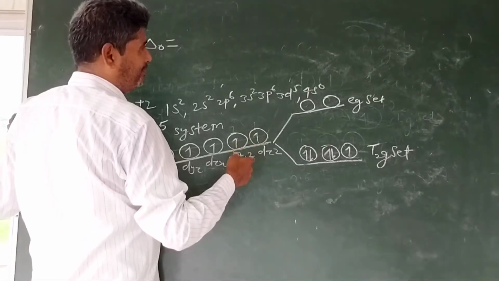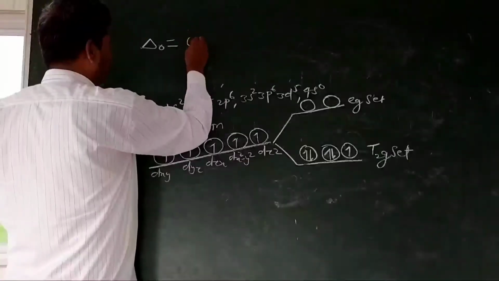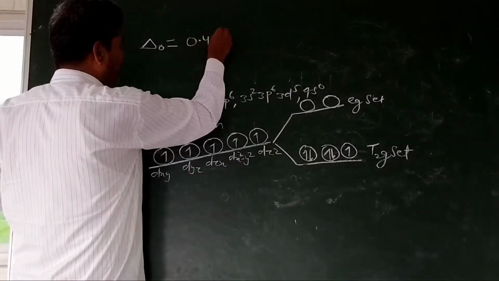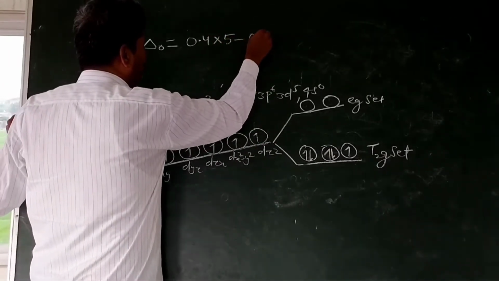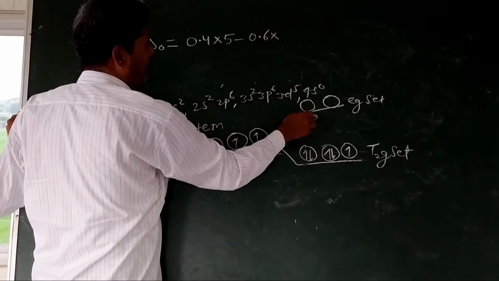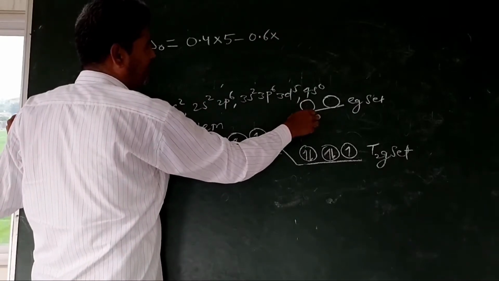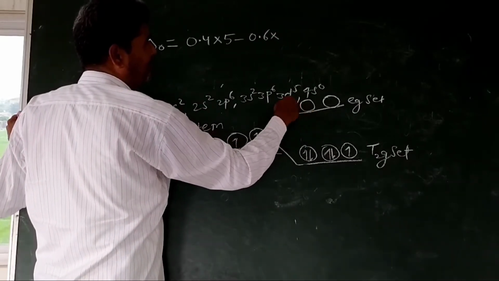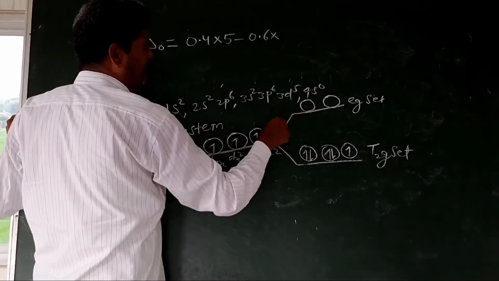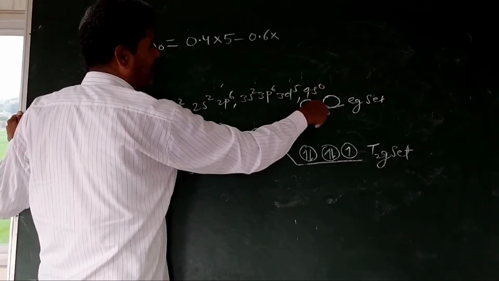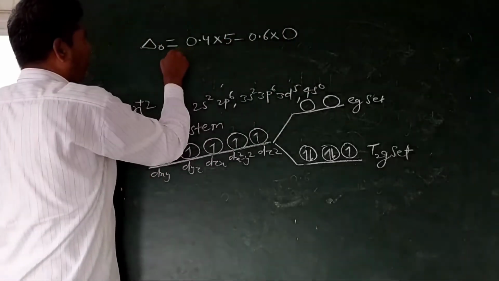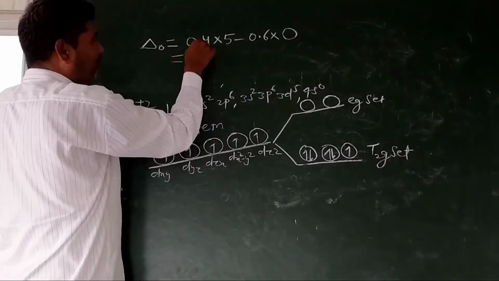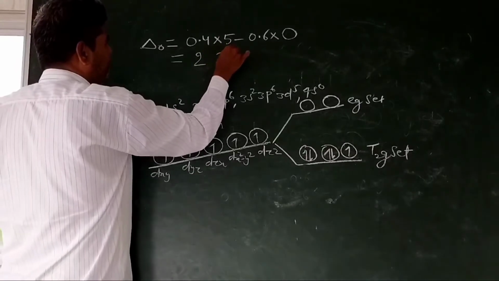So 0.4 times the number of electrons in T2G, 5, minus 0.6 times the number of electrons in EG. Here there are no electrons in EG. So we will have 2. The unit of this is Dq.